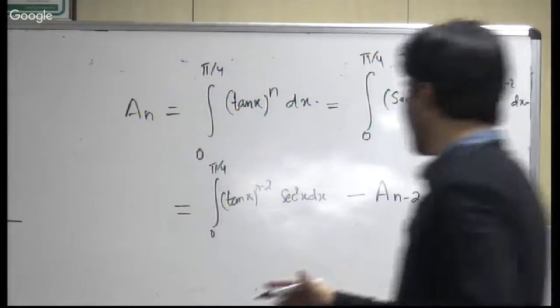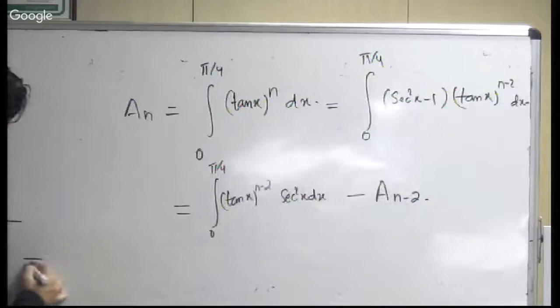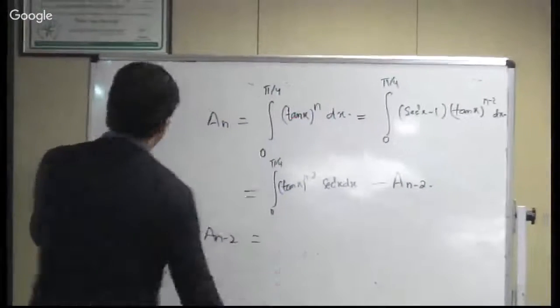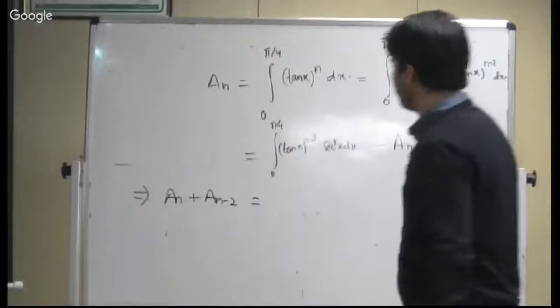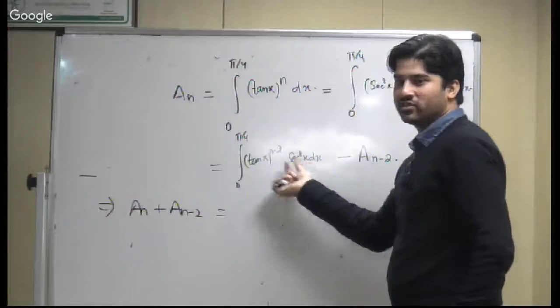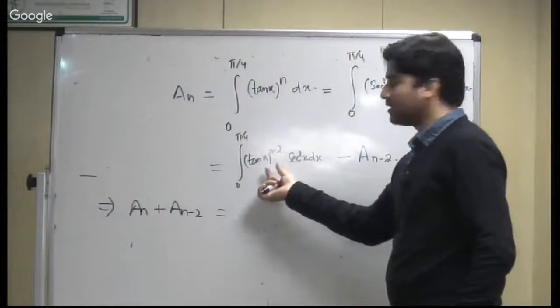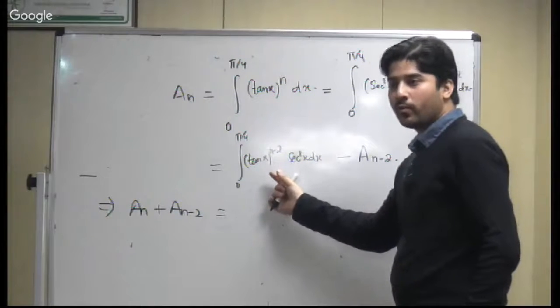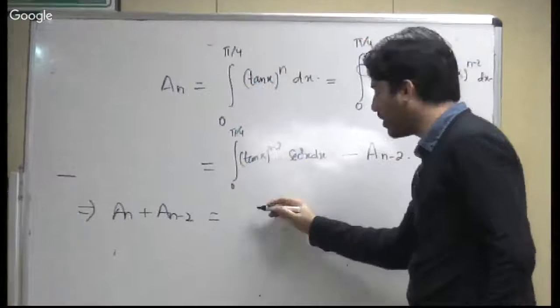So on the left hand side I got something like an. Solve this. If this is t, this is dt, so this becomes t to the power n minus 1 upon n minus 1.